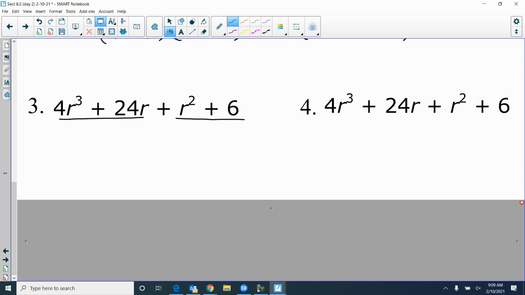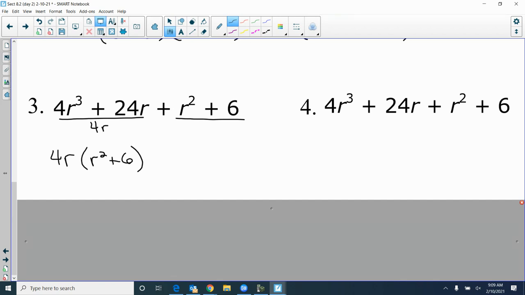Grant, what's the GCF here? I got 4. 4? There's something else. What about the variables? Oh, 4R. So 4R. And then when you do that, you get R squared plus 6, right?